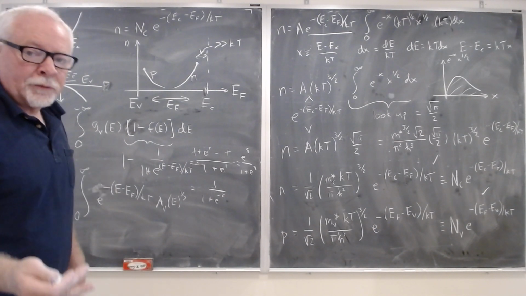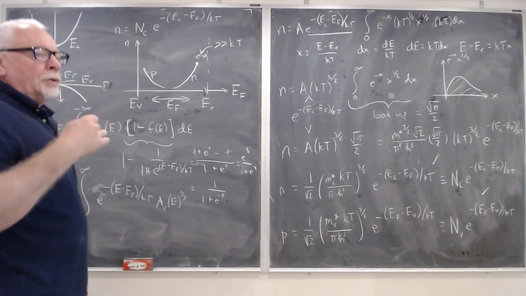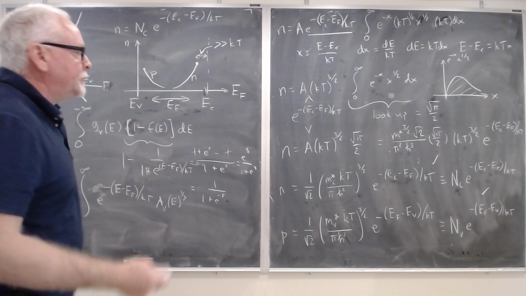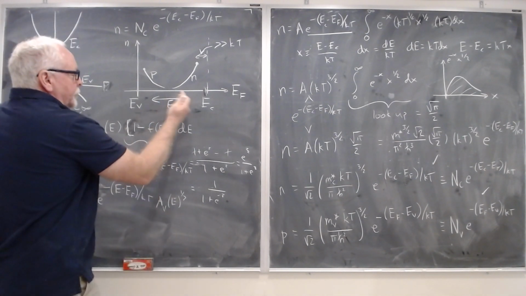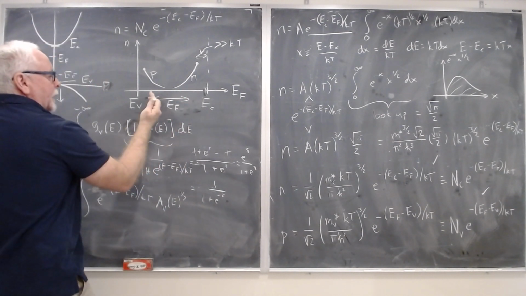Now, how do we know where the Fermi energy is? Well, we're going to do that next time. How do we know, based upon the doping level, what the Fermi energy is? We'll go over that next time. But as EF varies, if I dope N type, it goes that way. If I dope P type, it goes that way.